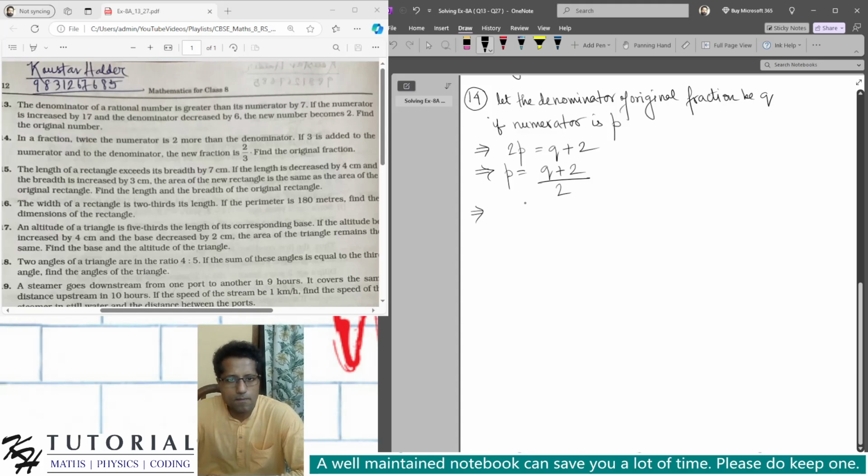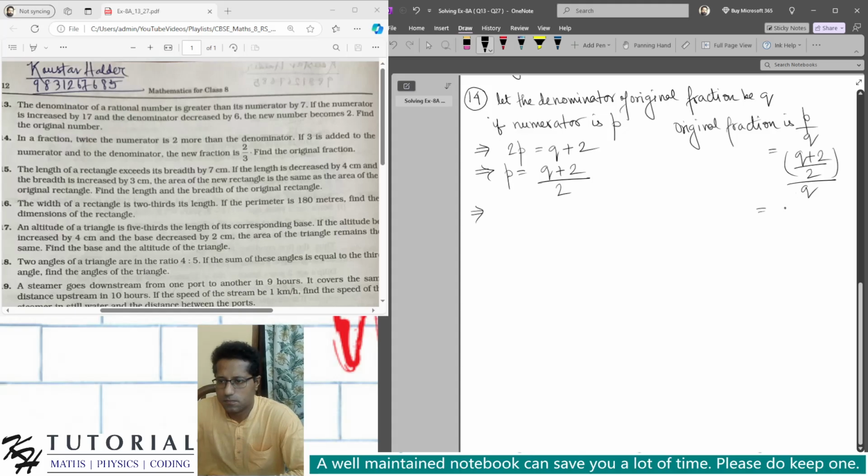Now we have to ultimately find the original fraction. The original fraction is p by q, where we know that p is equal to q plus 2 by 2, divided by q.